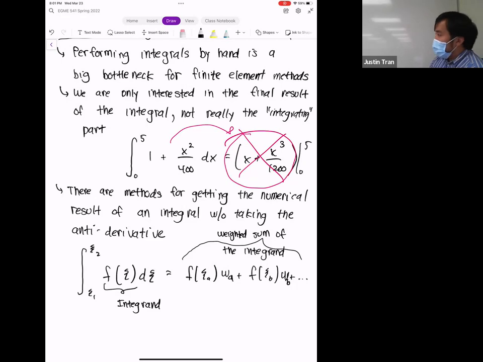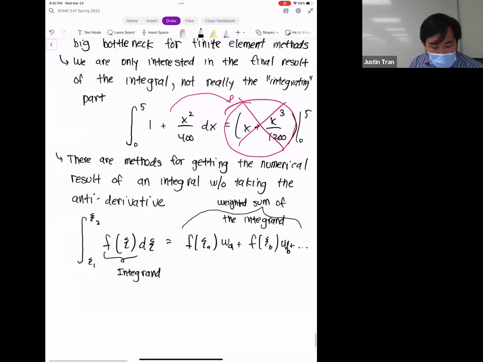And if you choose these sum locations and the weights very carefully, then you're going to get the evaluation of the integral without having to perform the integration itself.